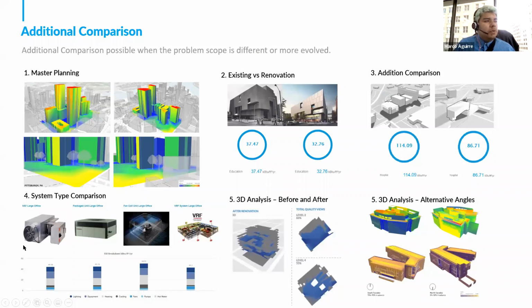So if you have an idea for a building, but you want to start exploring different technology options, that's also something you can do in the comparison report, and showcasing the actual systems that are going into your building can help explain to the client what they are looking at, what that actually represents. And then you can show the energy consumption and also the utility costs, so you can make decisions there. And of course, 3D analysis, again, showcasing before and after, alternative angles, how your building's going to have different scenarios happen or apply to it.